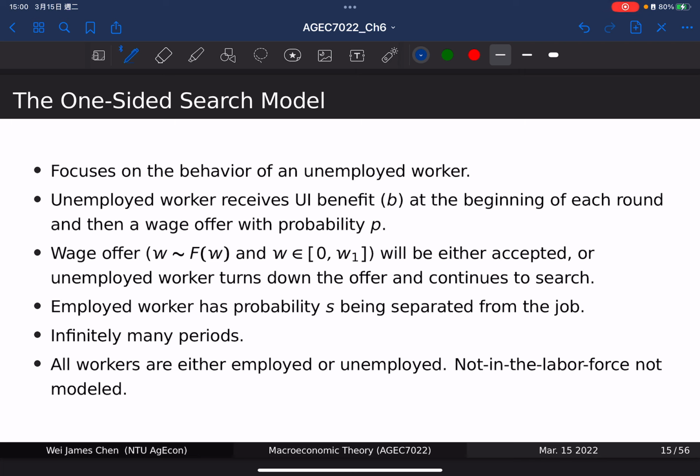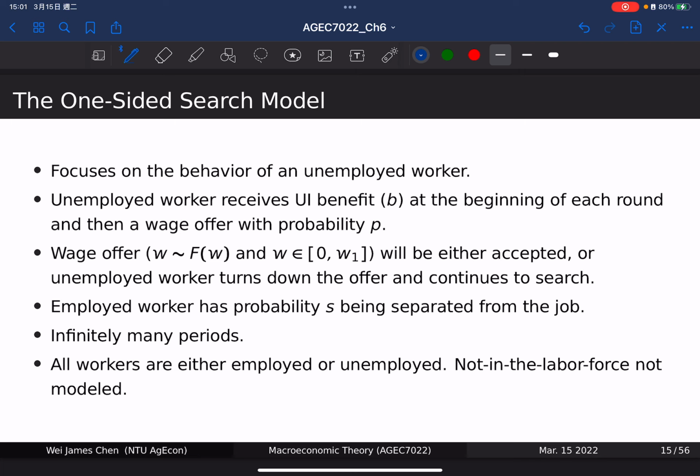Okay. Now we come to our first model in this chapter. Like the title suggests, this is a one-sided search model. We're going to model how an unemployed worker is searching for a job.